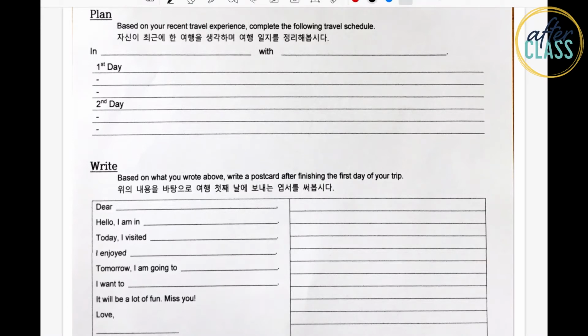For the plan portion of your assignment, based on your recent travel experience, complete the following travel schedule. The first blank is the place you are visiting. So I am picking Jeollabuk-do. Next is with, and then the people you went with.